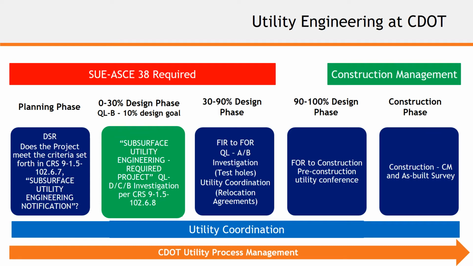So the green in the middle is really the focus on the utility conflict matrix and where it's used, at around 30% design.